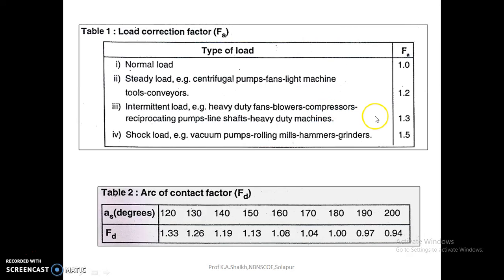For the compressor, with intermediate working, here is the column of FA. FA will be 1.3. Or if a centrifugal pump or fans like that are given, then you can select FA as 1.2. But for our case, a compressor is going to be attached, so the load factor will be 1.3.